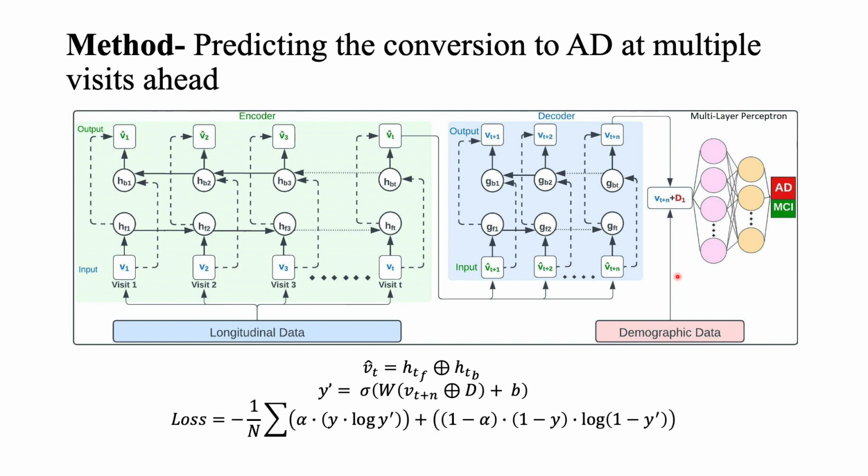In this equation, alpha is a hyperparameter between 0 and 1 that defines the relative weight of positive prediction. In our case, we set alpha to 0.7. Y represents the true diagnosis and Y prime represents the predicted diagnosis.